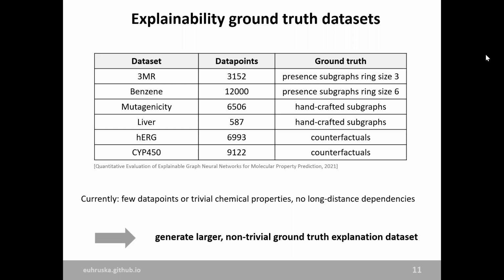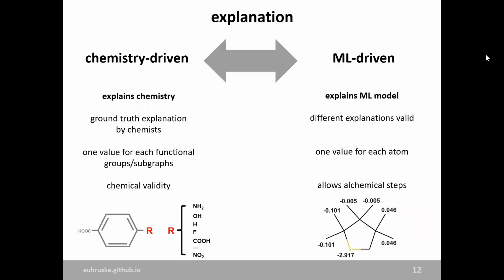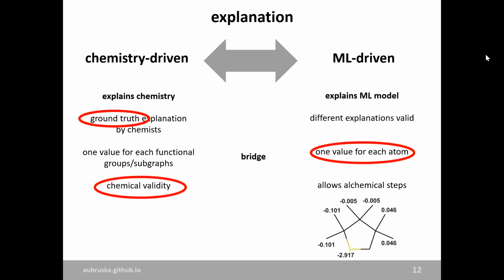So the goal in my work was to generate larger data sets for chemical explanations which do not cover trivial properties. So when looking at the comparison between the chemistry and machine learning model, I prioritize these parts. The part that this is a ground truth, and also that every step has to be chemically valid.